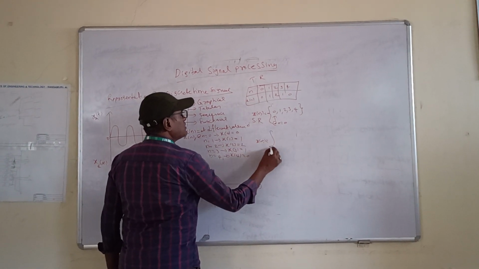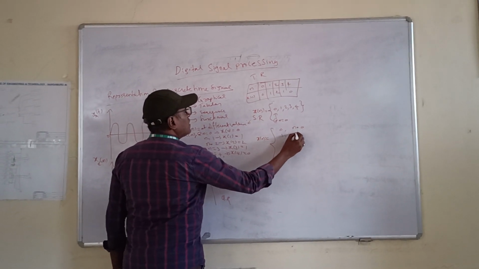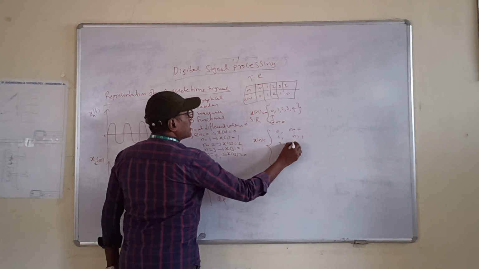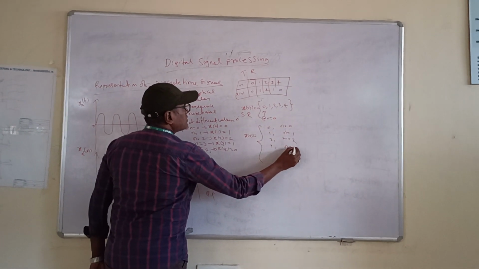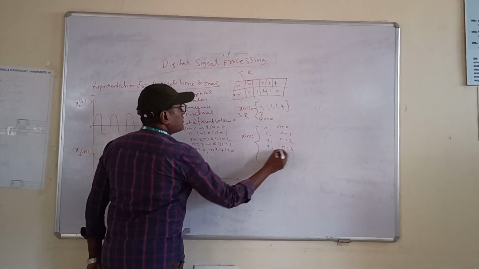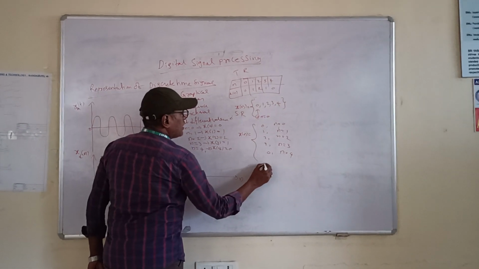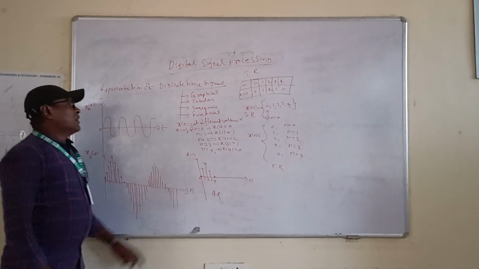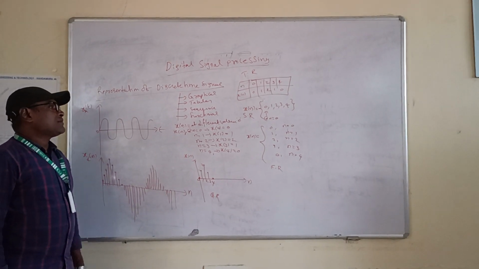X of n equal to 0 at n equal to 0, 1 at n equal to 1, 2 at n equal to 2, 1 at n equal to 3, 0 at n equal to 4. This is a functional representation. In these four different ways, we can represent any discrete time signal.